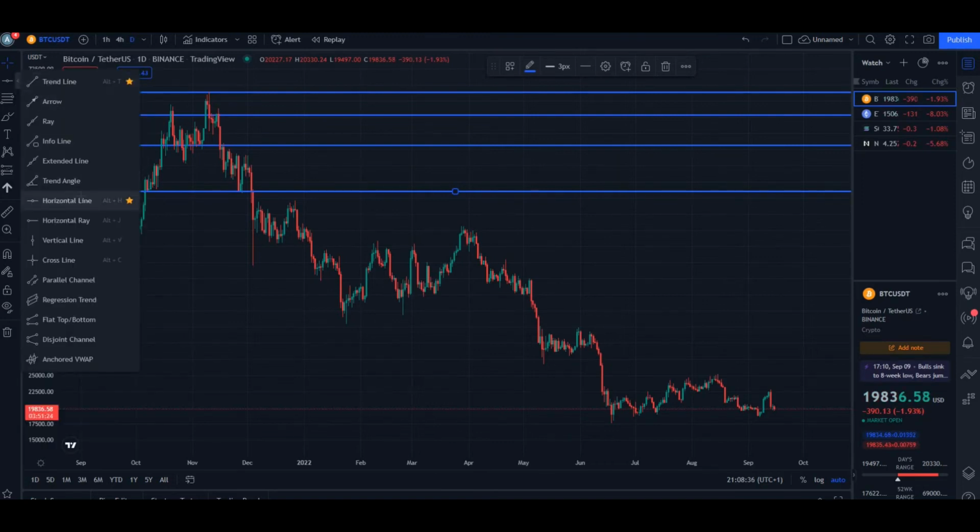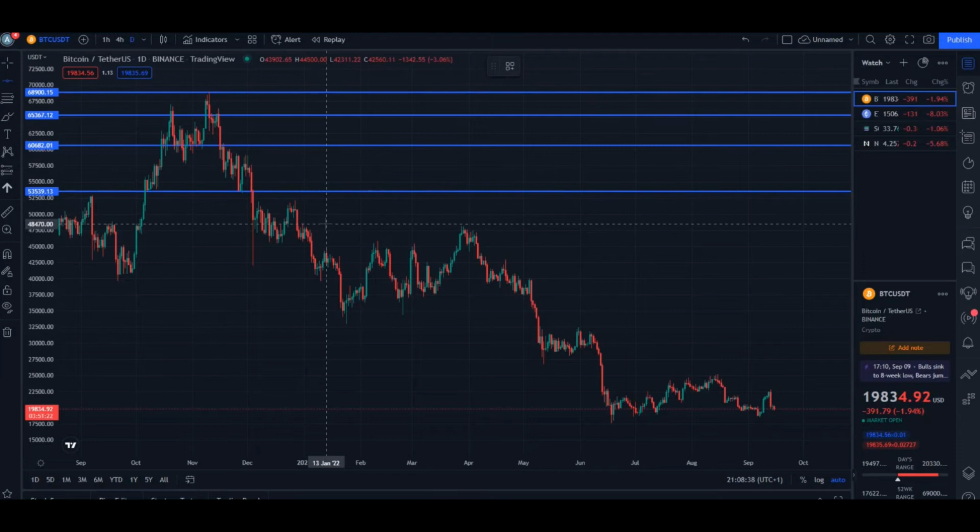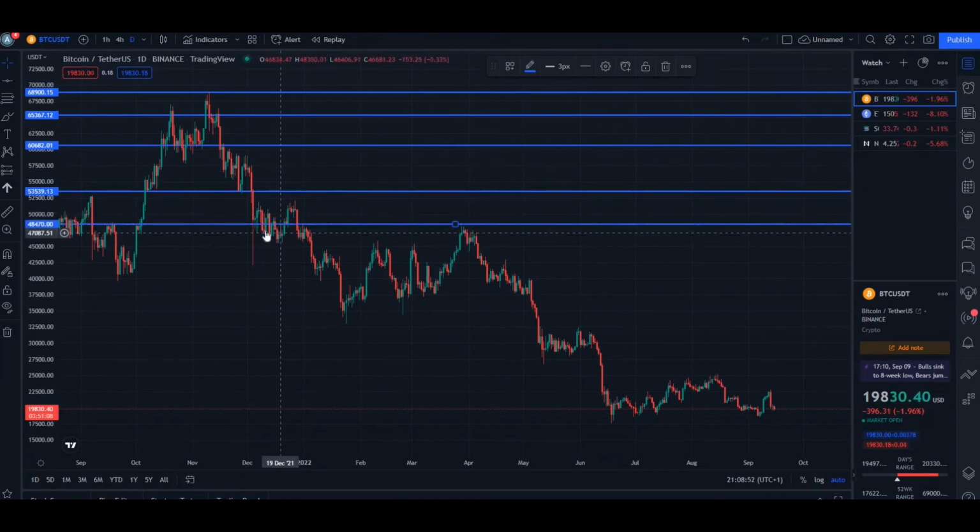So if we add another line, just around there, you can see previously we hit that level of resistance, prices came down and then broke out, and then here we've hit that level of support, prices then came up, bounced around for a little bit, broke lower, and then you can also see here again we came back to hit that level of resistance. So there are multiple lines on here that work as support and resistance equally.